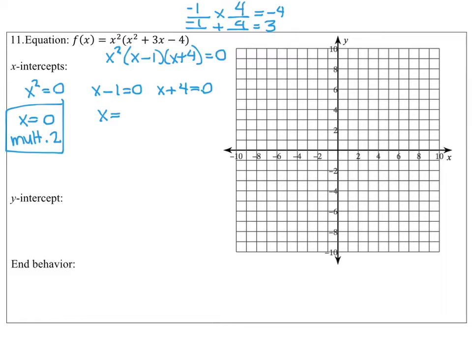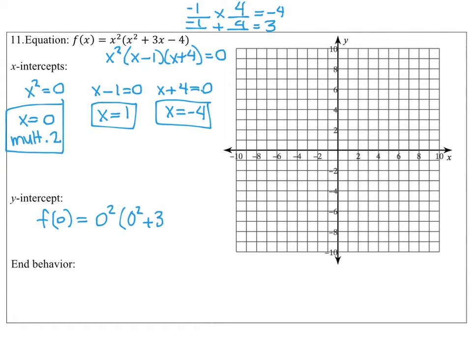X minus 1 equals 0 means x equals 1. X plus 4 equals 0 gives me x equals -4. The y-intercept is just f of 0. So I have 0 squared times 0 squared plus 3 times 0 minus 4 is just 0.